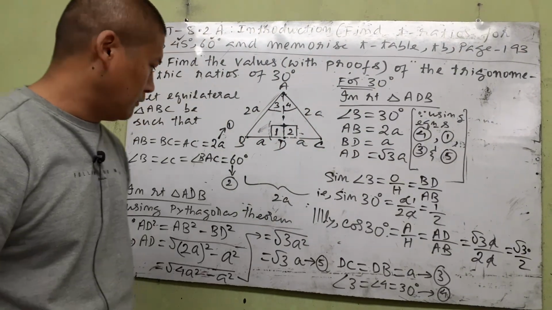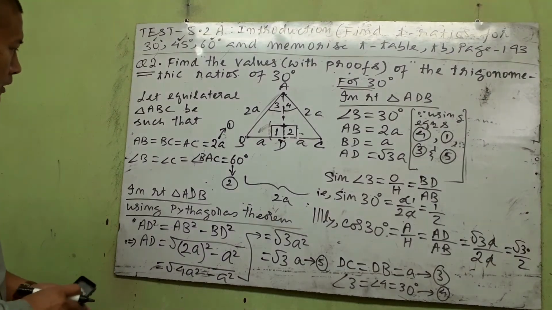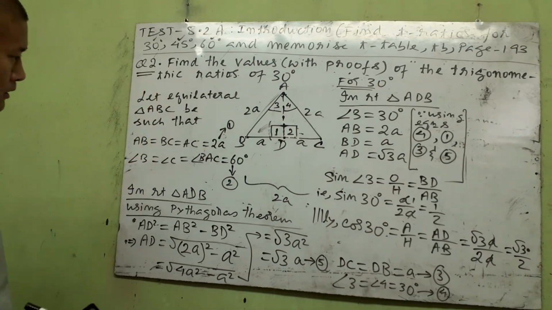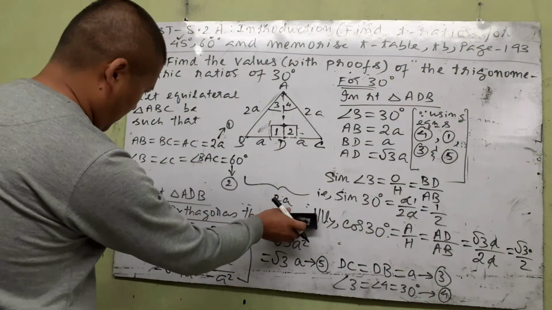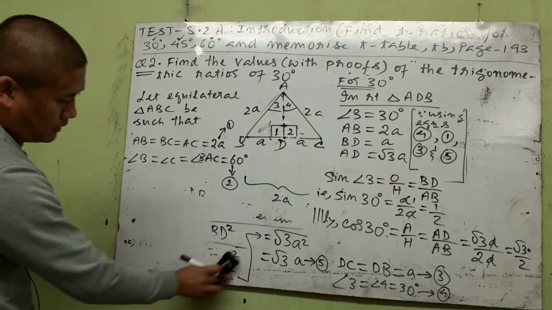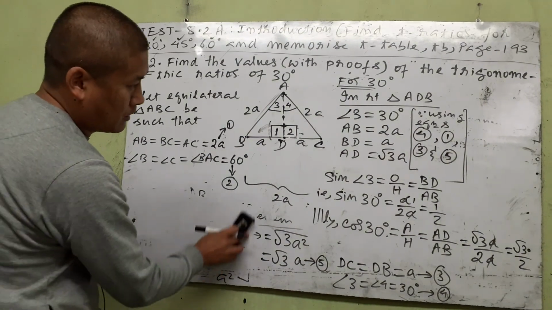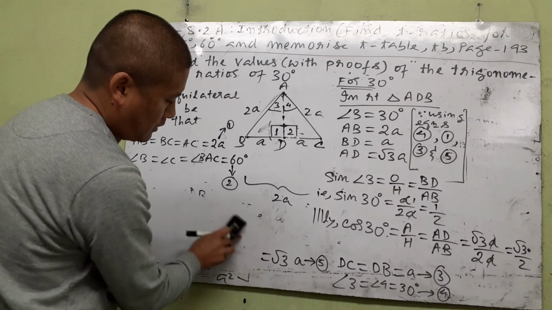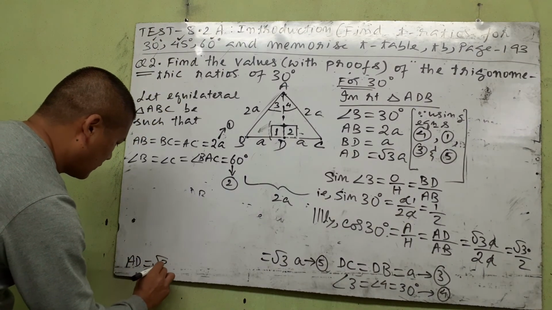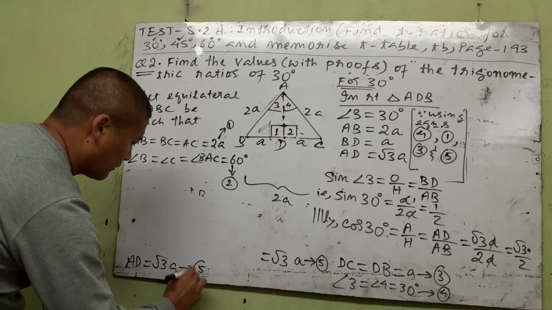So we can continue. I'll just write these things here so we have space. We don't need these things now. Just here AD equal to root 3a, so I'll just write directly here. AD equal to root 3a is equation number 5.